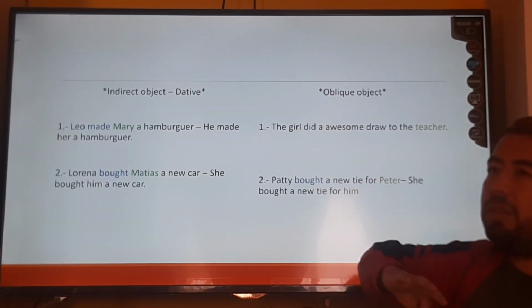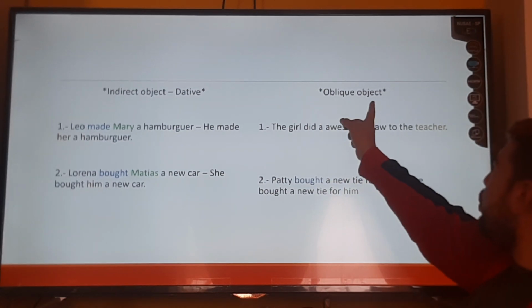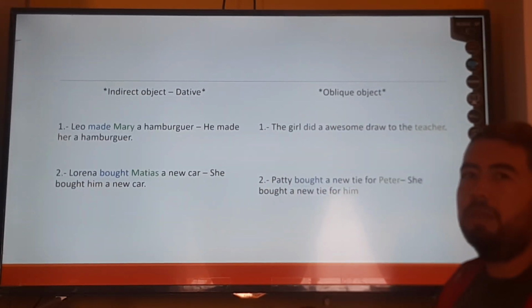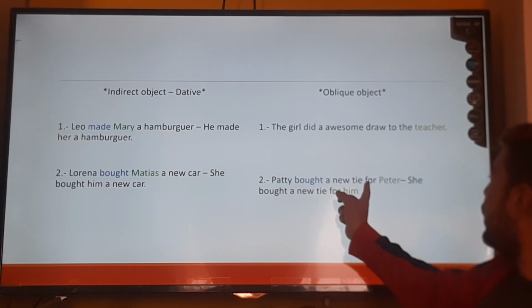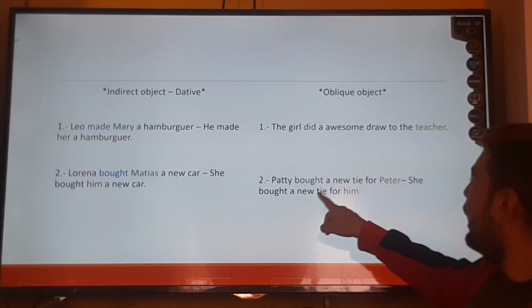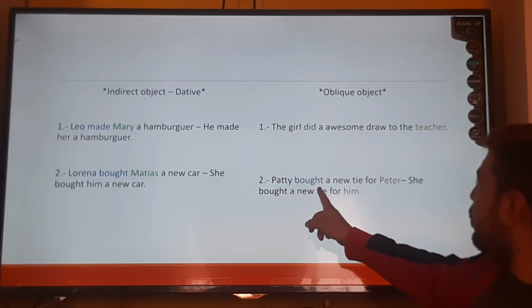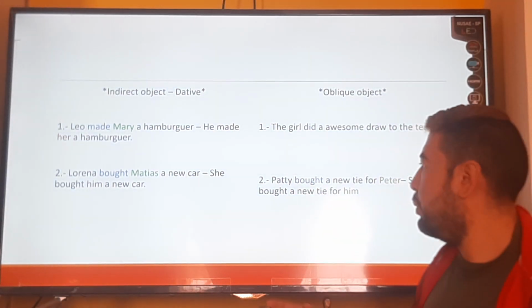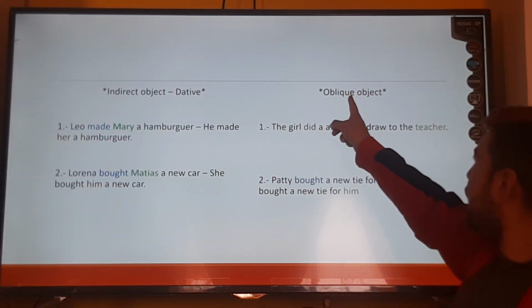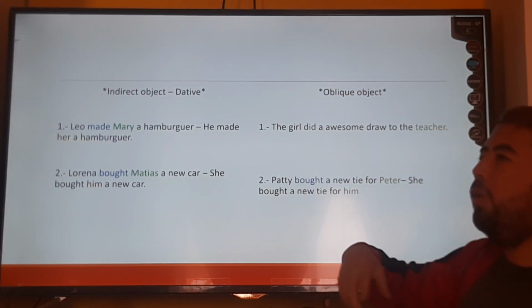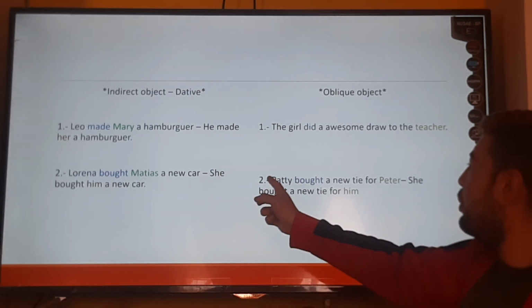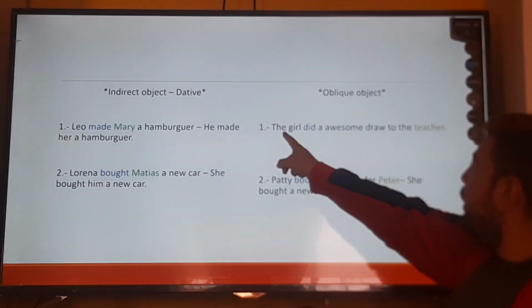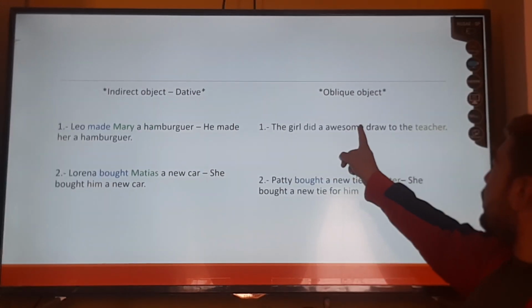The third and last is oblique object. The girl did an awesome drawing for the teacher. Patty bought a new tie for Peter. In this case, she bought a new tie for him, when replaced with an object pronoun, the subject receives the oblique action shown by the verb. The girl did an awesome drawing for the teacher.